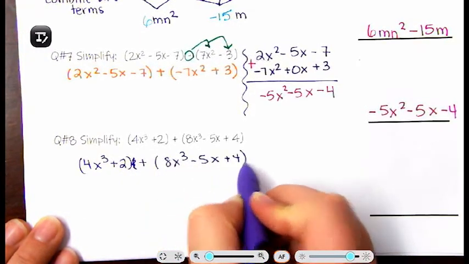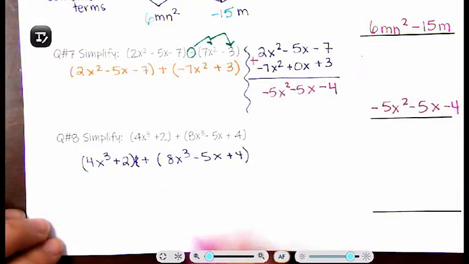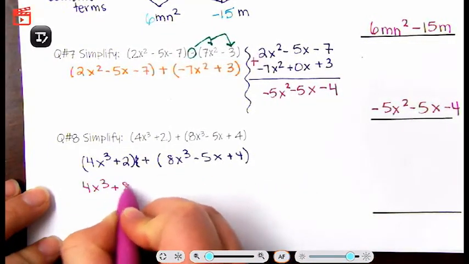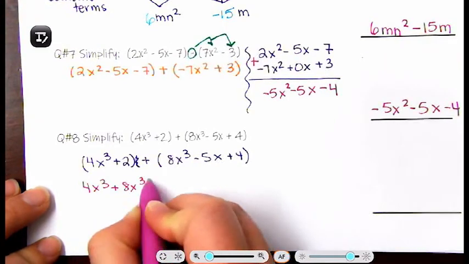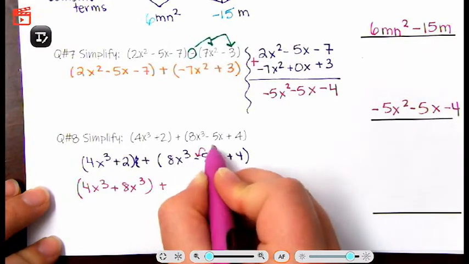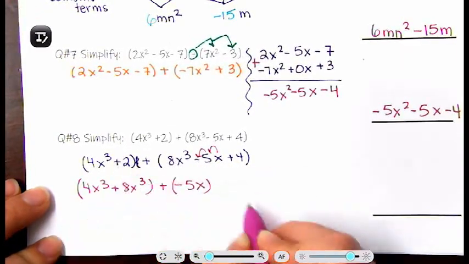So I am seeing that there are some terms that are missing. When you're doing the horizontal method, you don't really have to worry about placeholders. I'm going to group them together, 4x cubed and 8x cubed. And I have a negative 5x. It does not have a buddy here, so it's on its own.